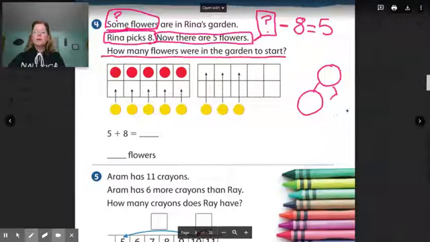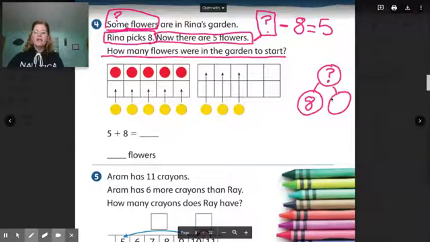Okay, so we can do a number bond. And when we do a number bond and we know that we are subtracting, do we start with a part or do we start with a whole? Good, we always start with a whole. Do we know what the whole number is? Not really, but we know that it's some. Okay, we don't know that number. So we have the other 2 parts.